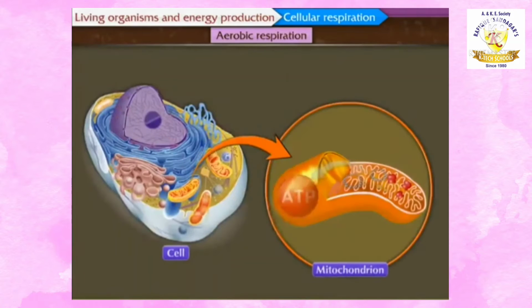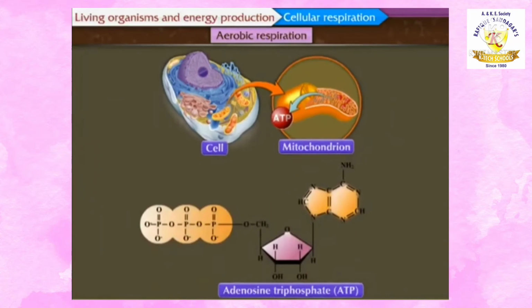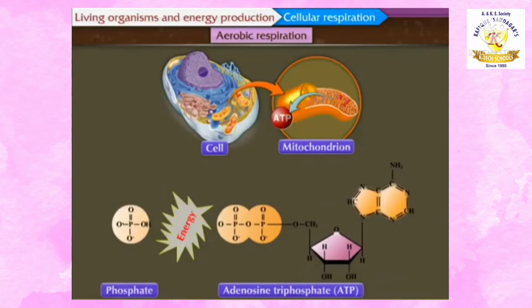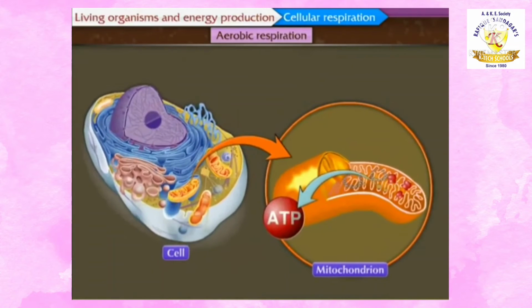So, these ATP molecules are stored in the cell. Whenever cell needs energy, one phosphate bond breaks and energy is released. In this process, ATP gets converted into ADP, that is adenosine diphosphate. Hence, ATP is known as energy currency of the cell.